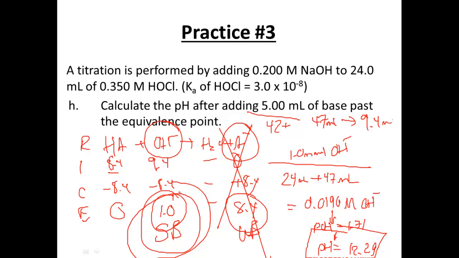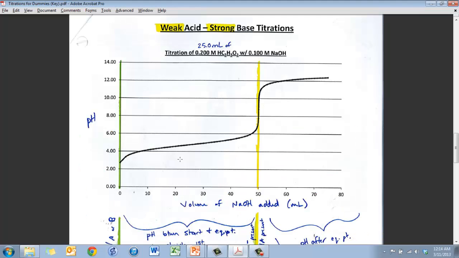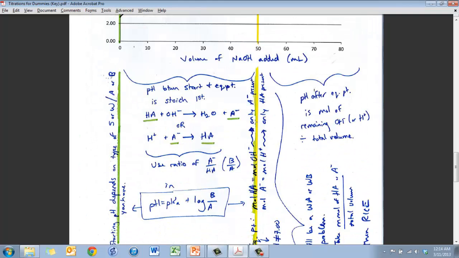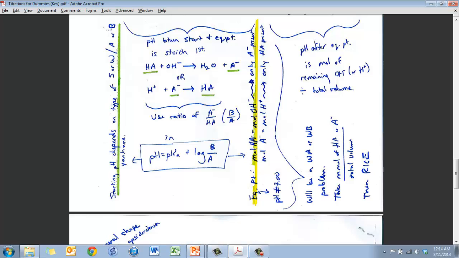So look at the titration for dummies quick. At the equivalence point, that's when the moles or millimoles of your analyte is equal to the millimoles of the titrant. Make sure you divide by your new total volume, and you now have basically either a weak acid present or a weak base present, depending on what kind of titration you did. And this is the hardest part here.